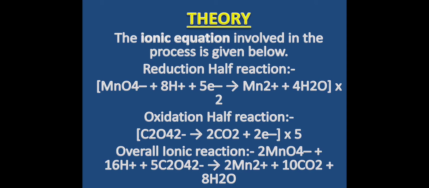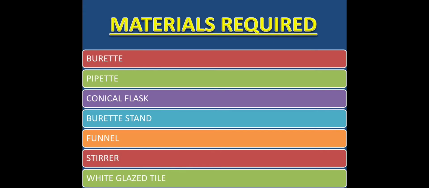To balance the ionic equation we multiply the reduction half by 2 and the oxidation half by 5, and the overall ionic balanced equation is 2 MnO4 minus plus 16H plus plus 5 C2O4 2 minus changing into 2 Mn2 plus plus 10 CO2 plus 8H2O. So, we can see that 2 moles of potassium permanganate is reacting with 5 moles of oxalic acid.